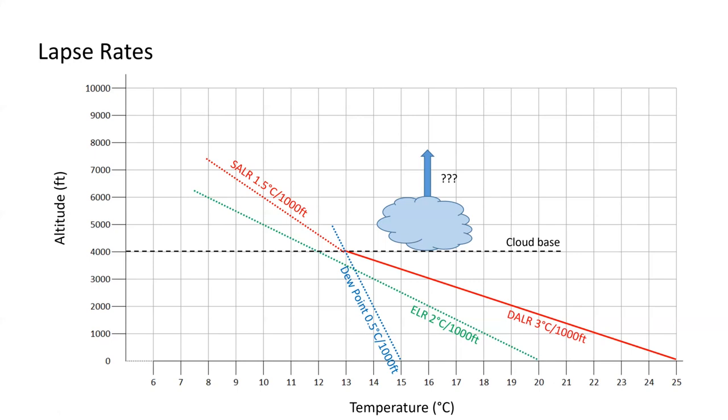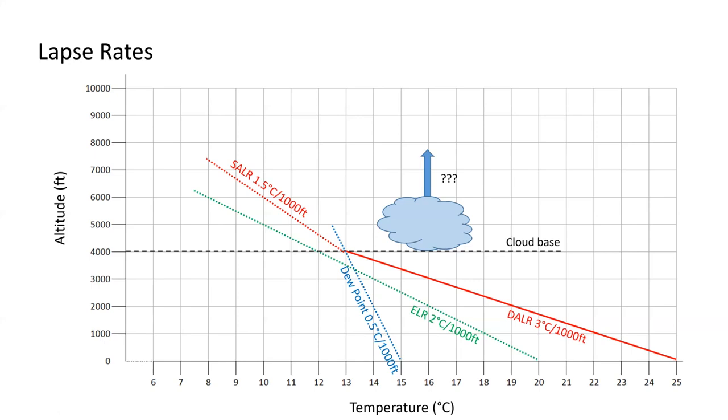And again, you can see here that there's a divergence between the environmental lapse rate and the saturated adiabat. That means one thing: if these are diverging, then that buoyancy is going to be diverging as well.